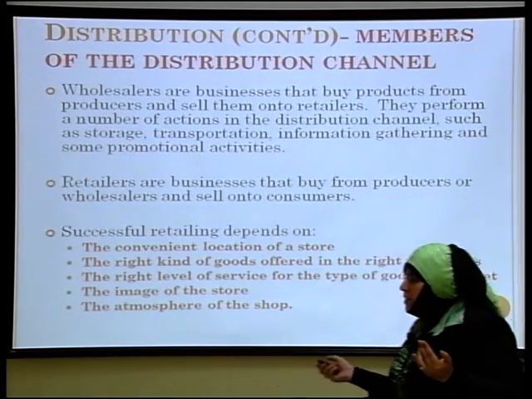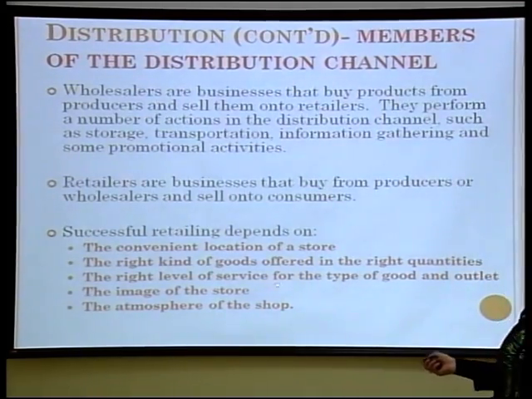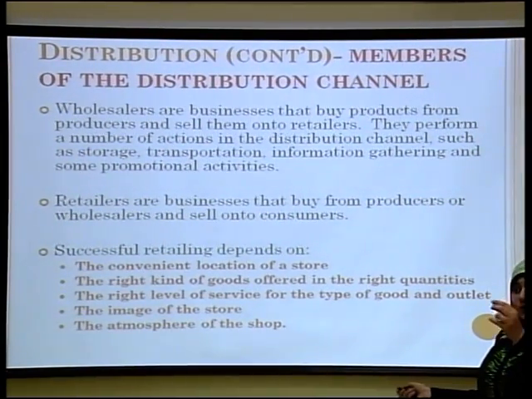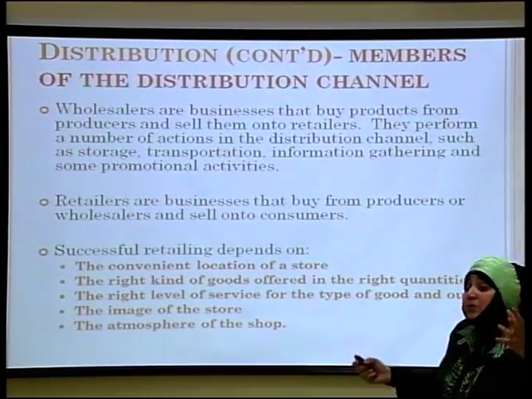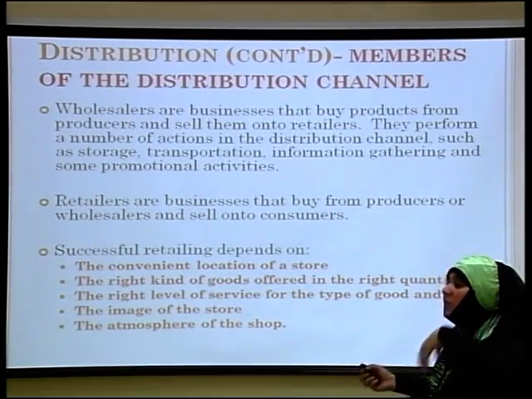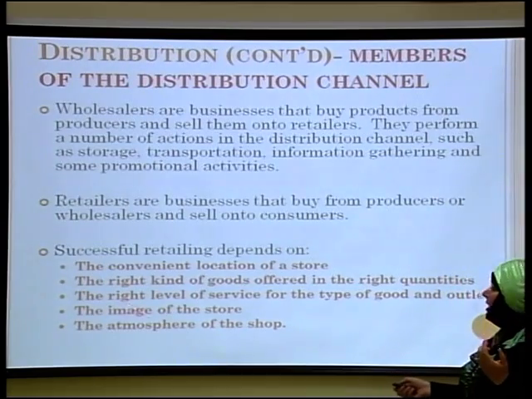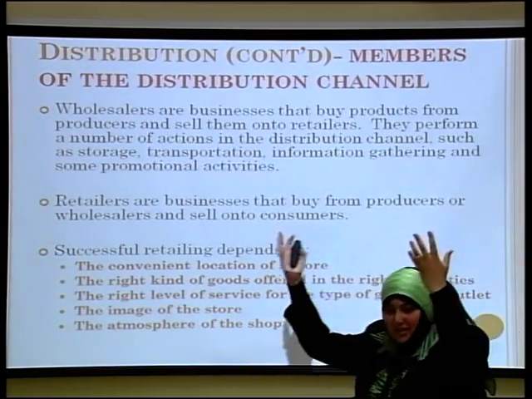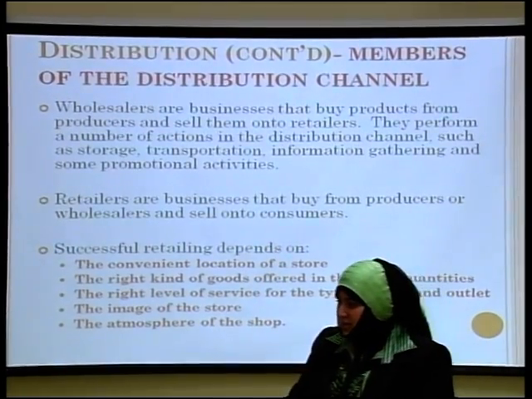Okay? All right? So the image of the store. What about the image of the store? This store includes different products, not only your own product as a manufacturer, other products are there. So what about the image of the store? And the atmosphere of the shop in terms of air conditioning, lighting, all these things.